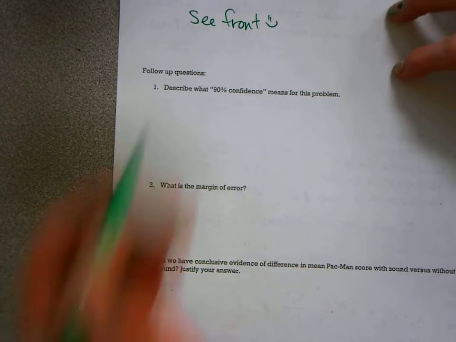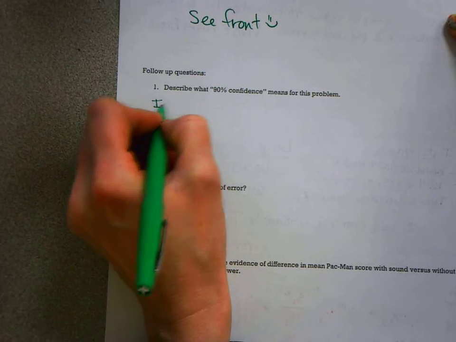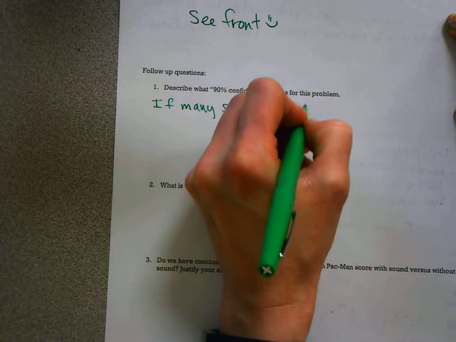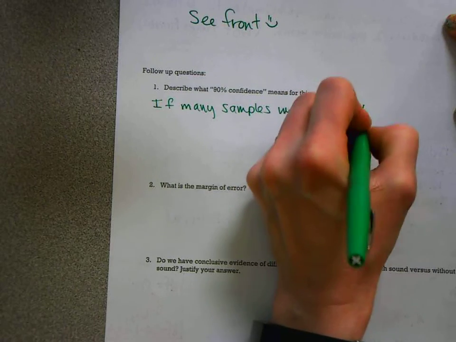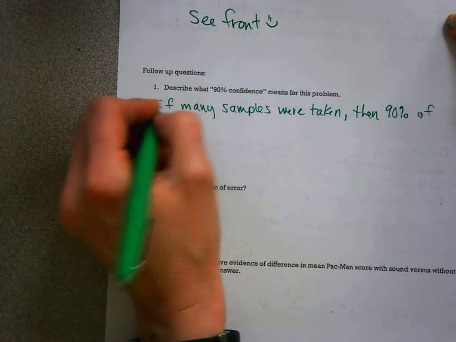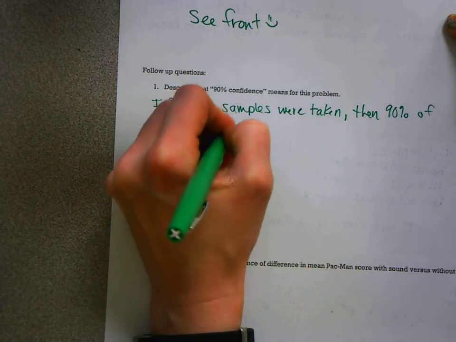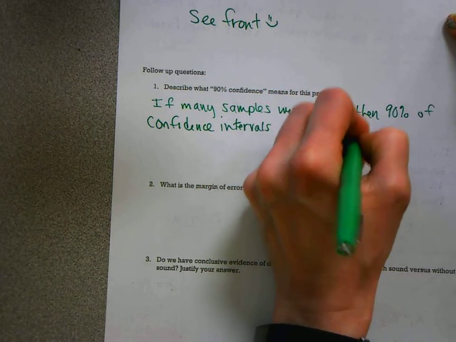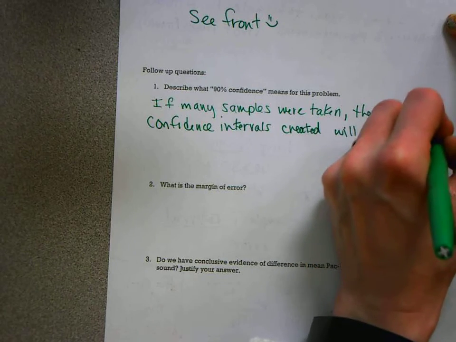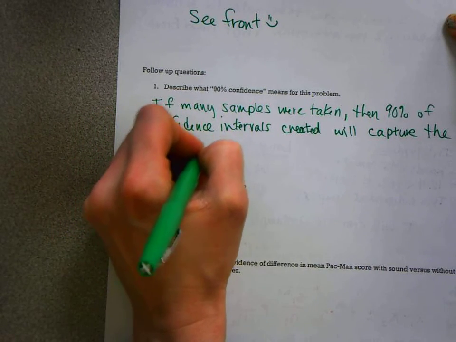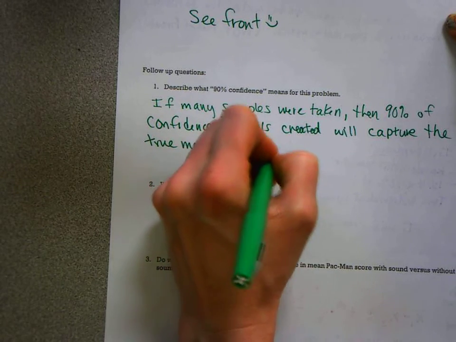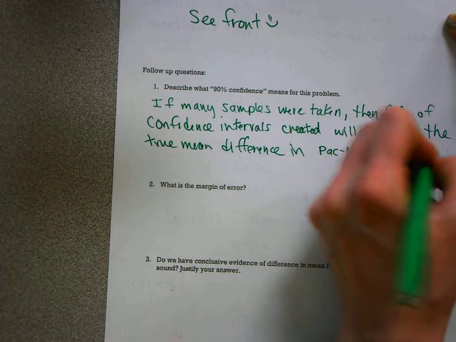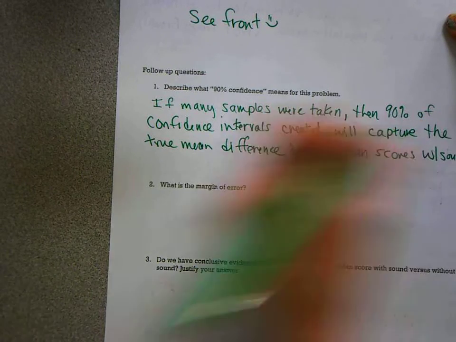It means if many samples were taken, then 90% of confidence intervals created will capture the true mean difference in Pac-Man scores with sound on versus no sound.